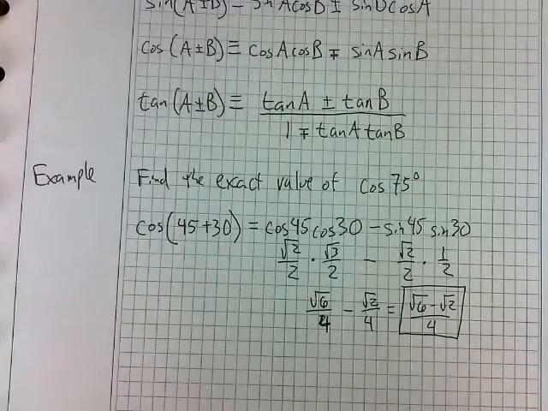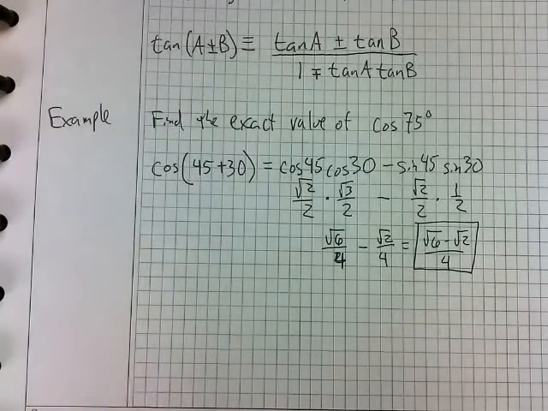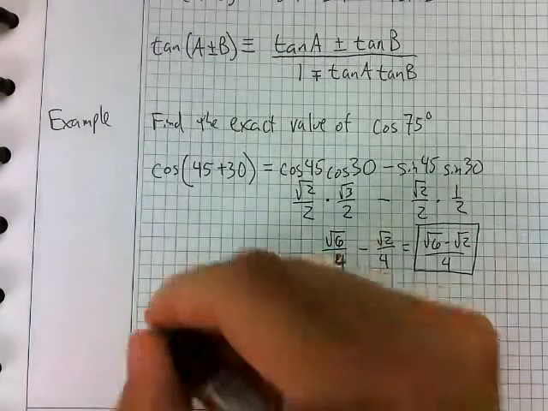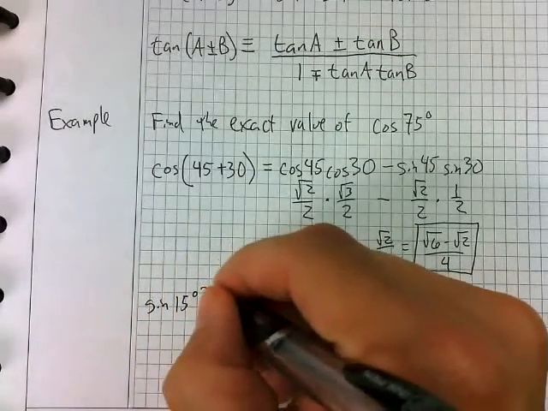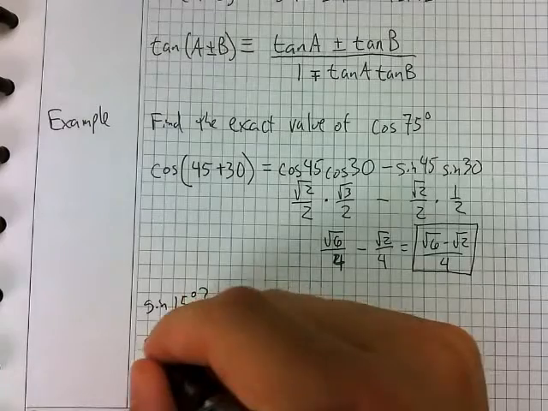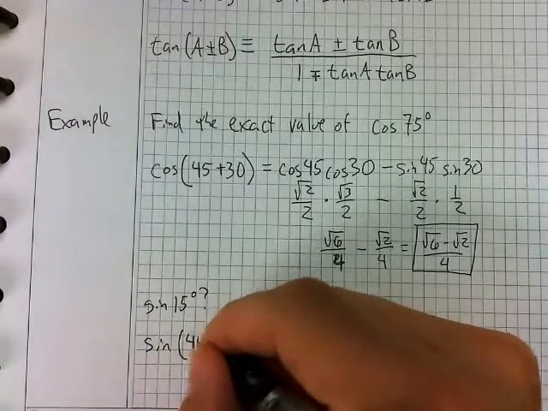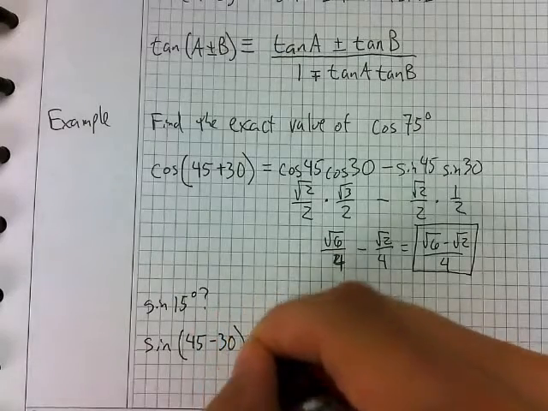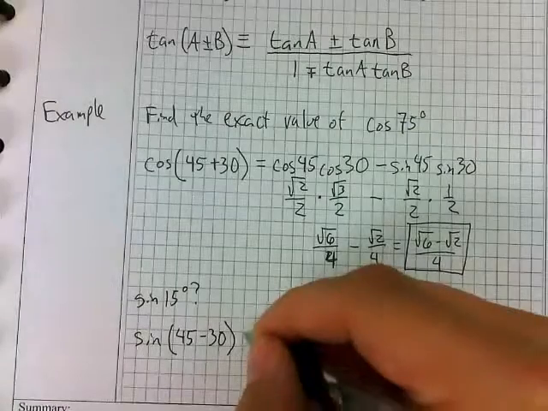Okay? So there's one example. What if I was asked to find something like sine 15? Well, I can think of that as sine of 45 minus 30, because 45 minus 30 would equal 15.